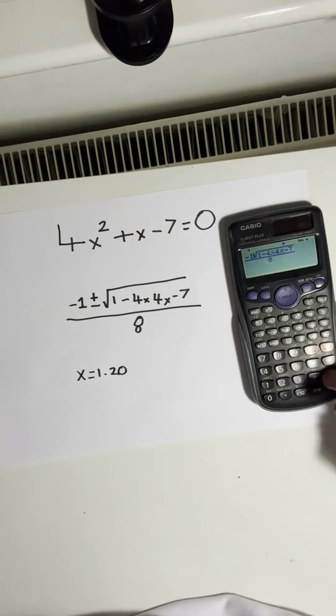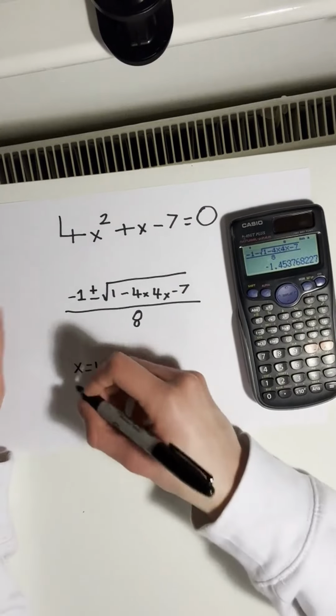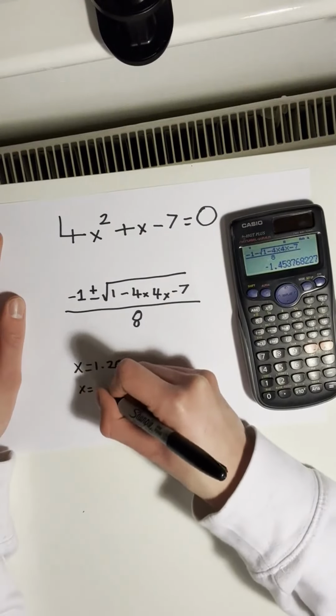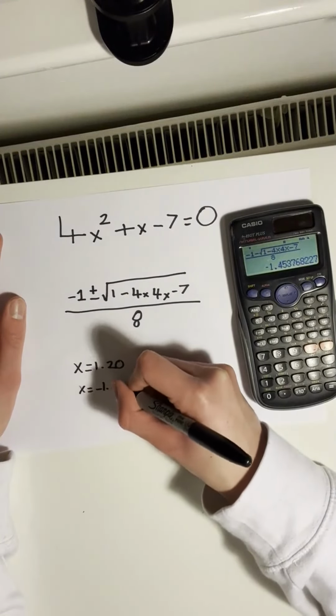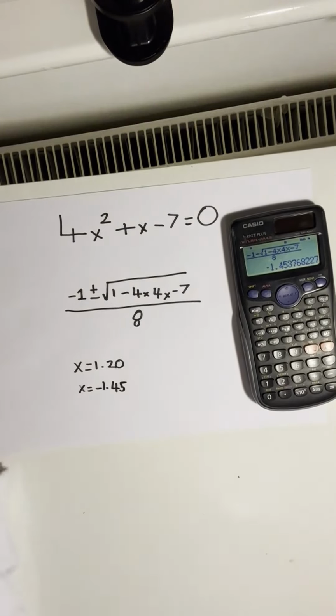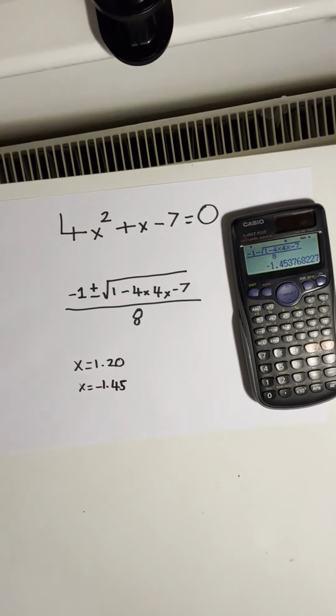And our next solution is minus 1.45 to 2 decimal places. So if you got those solutions, then I think you should be good on the quadratic formula.